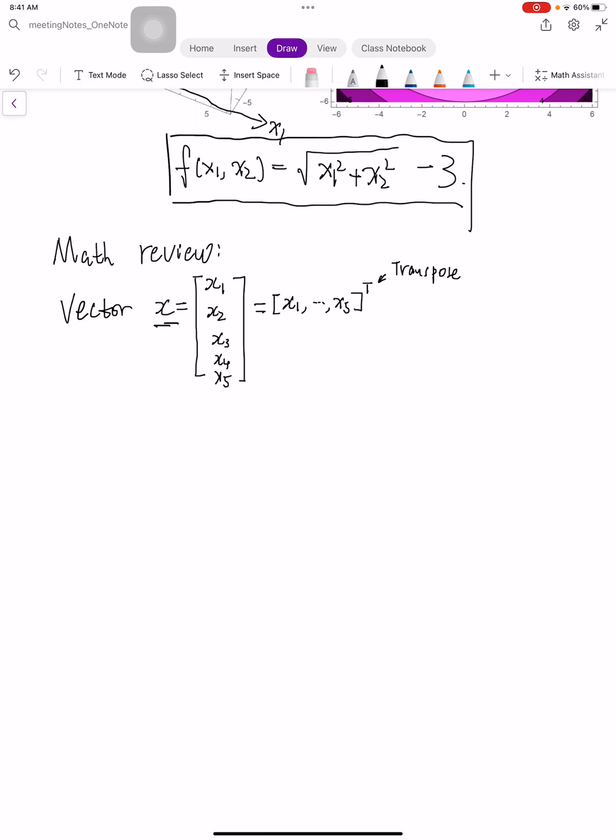And we use the upper letter, which means a matrix or a random variable.